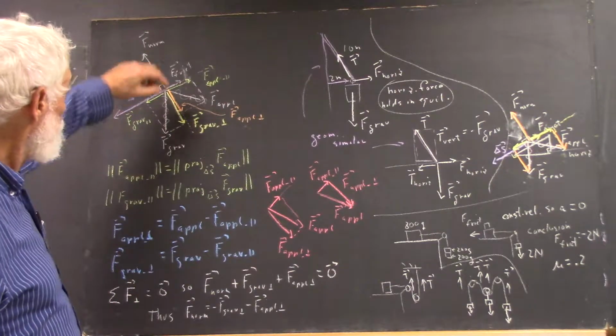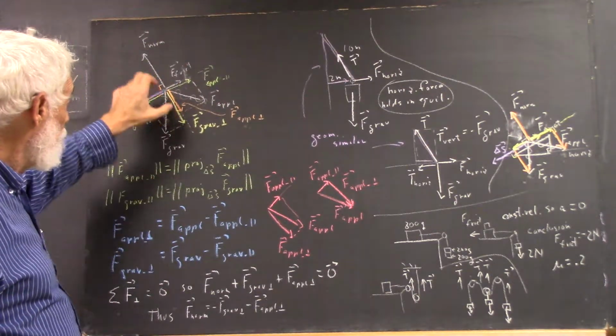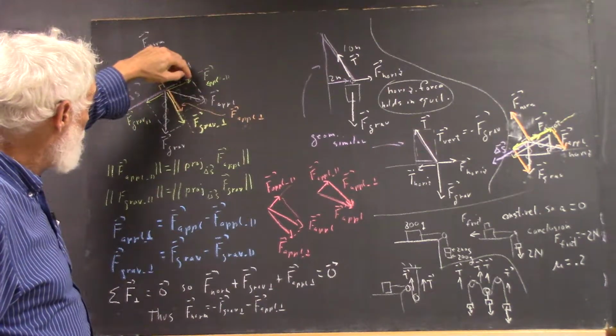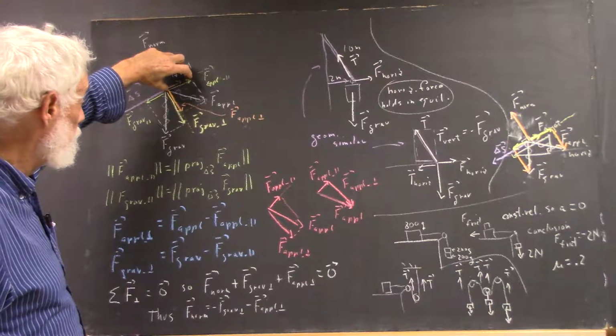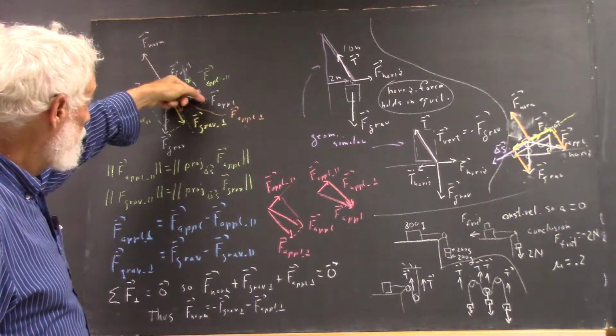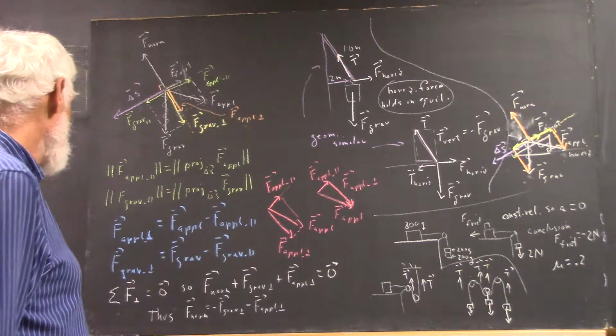That's because, of course, if this plus this equals this, then this equals this minus this. You can see that directly from the picture too. If you turn this vector around and make it negative, put it at the end of F applied, it comes back here and there's your F perpendicular vector.